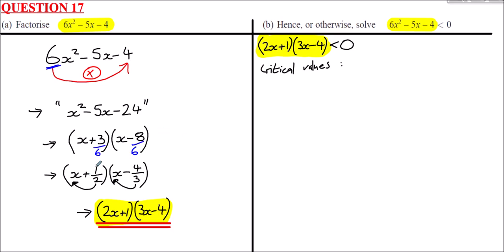This method here is useful for this step because your solution is essentially given in the penultimate line of this factorization method. So the critical values are actually these values here where their signs switched. So one critical value is x being minus a half, and the other one, what value of x would make this bracket equal to 0? I'm basically solving when 3x minus 4 is equal to 0. If you want to do that, you can. Or just looking here, take this value and switch its sign, x would have to be positive 4/3.